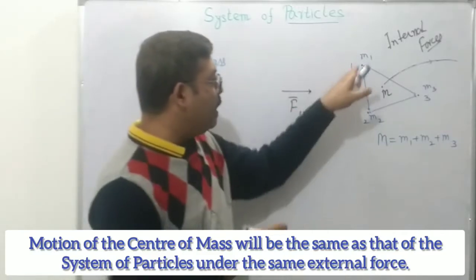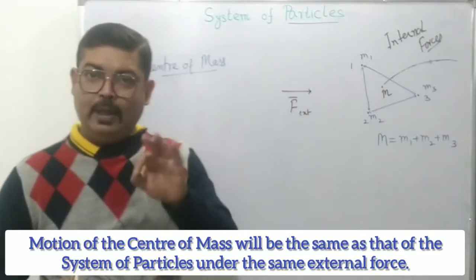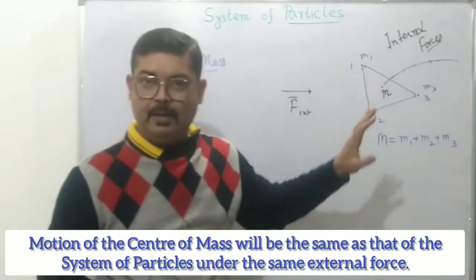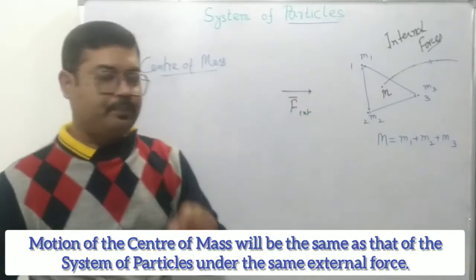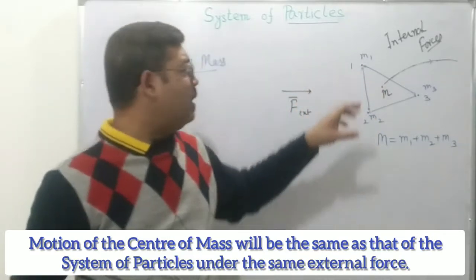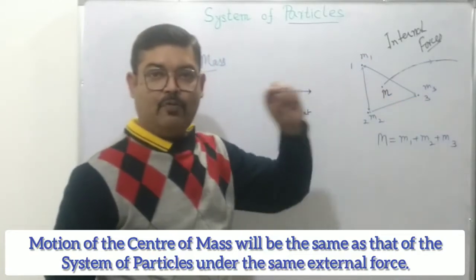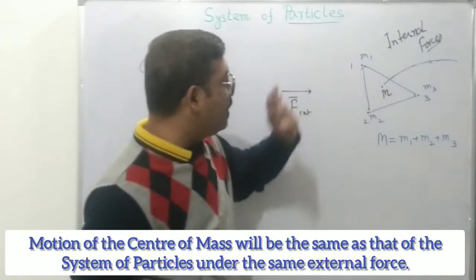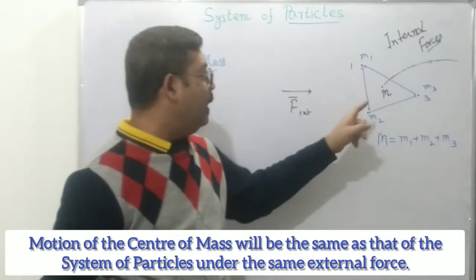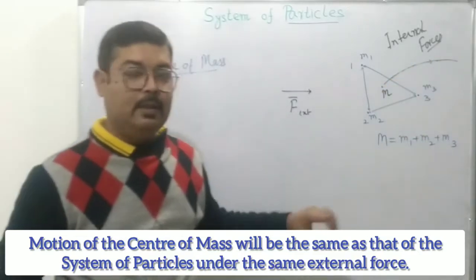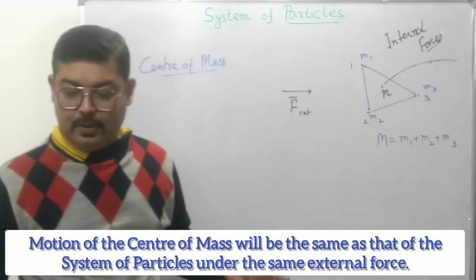In the system there were three particles, and we applied a force, and it followed a particular path following Newton's laws, which is difficult to apply. The center of mass is a point in space where, if we sum all three masses to form a particle and put it at that position and apply the same external force, it will follow the same path as the extended system of particles would have.